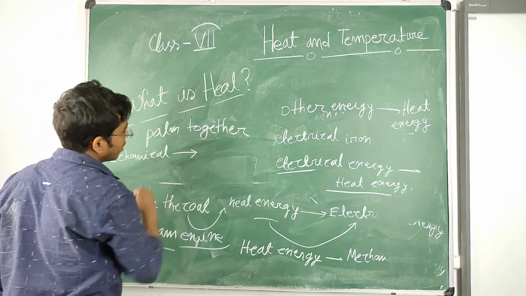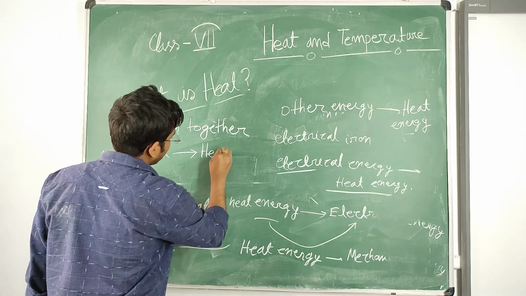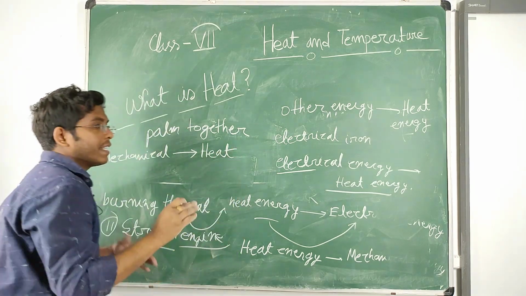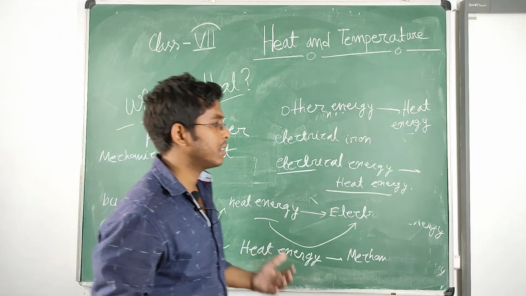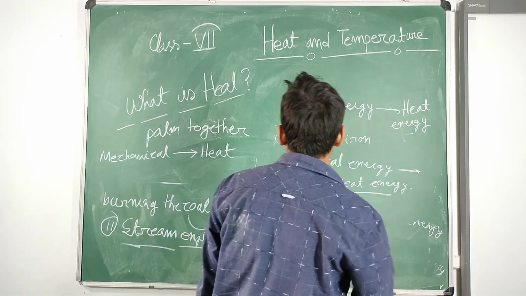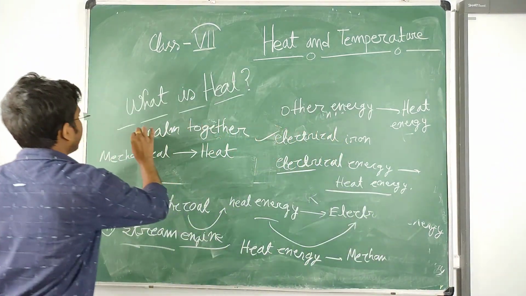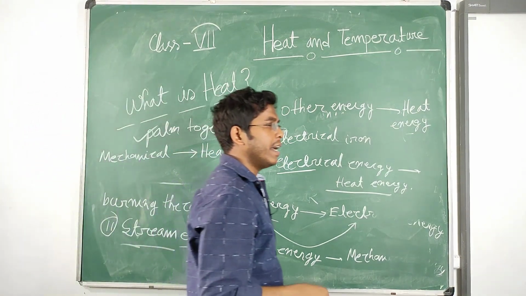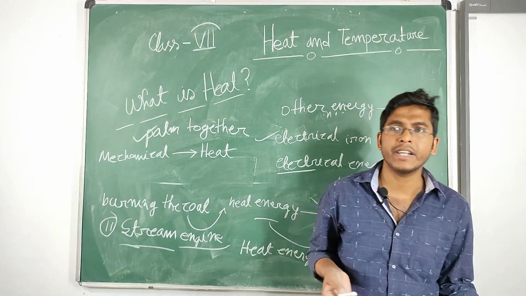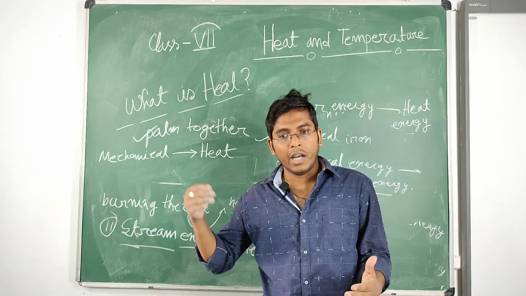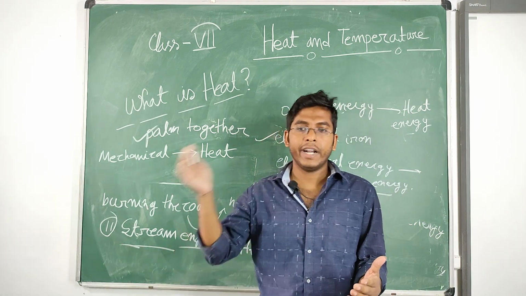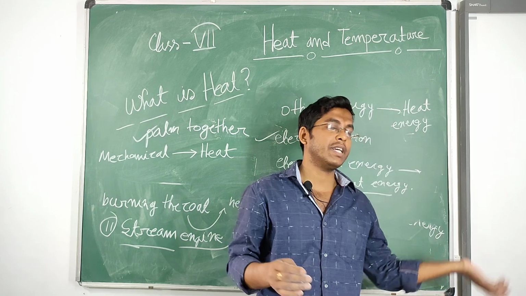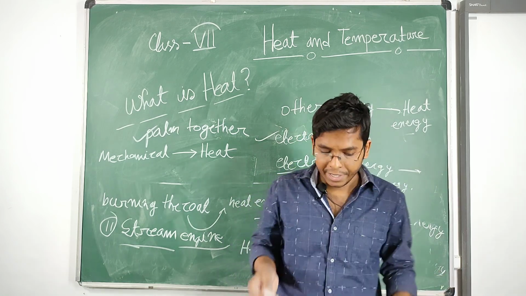Mechanical to heat. Okay. So other energy is converted to heat energy. I gave you two examples: electric iron and rubbing hands together. Okay. I will discuss another form where heat is intermediate. At first something energy, that is heat, and after heat something else. So there is the intermediate.